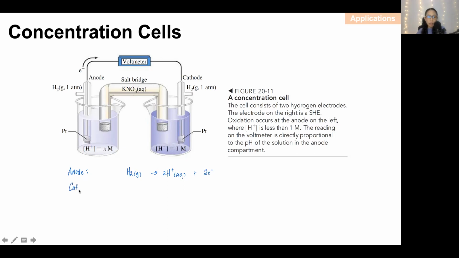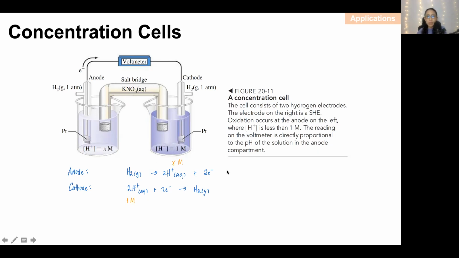And then, in the cathode, it will be the reverse, which is you have 2 hydrogen ions gaining 2 electrons, forming hydrogen gas. But again, class, the difference is that in the anode, you have X molar concentration of your hydrogen ions. In the cathode, you have 1 molar concentration of your hydrogen ions.